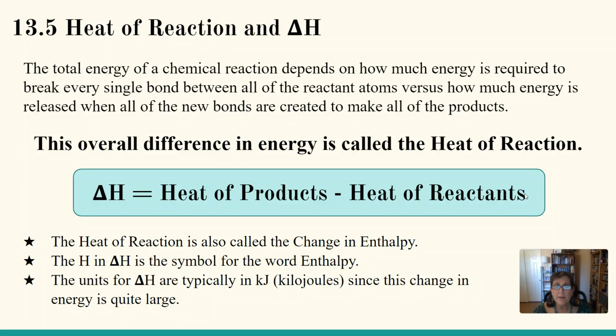The units are typically in kilojoules because the change in energy for a reaction is pretty big. So remember, kilo means 1,000 times larger. So there's 1,000 joules in 1 kilojoule, right? There's 1,000 joules in 1 kilojoule, just like there's 1,000 meters in 1 kilometer.